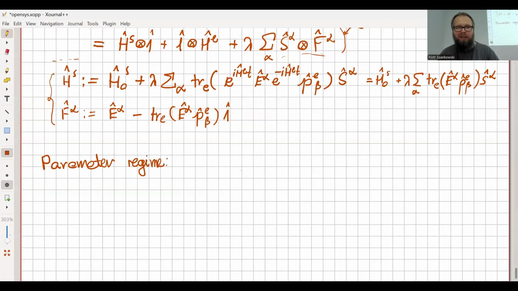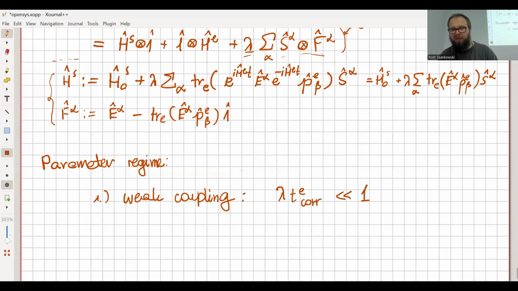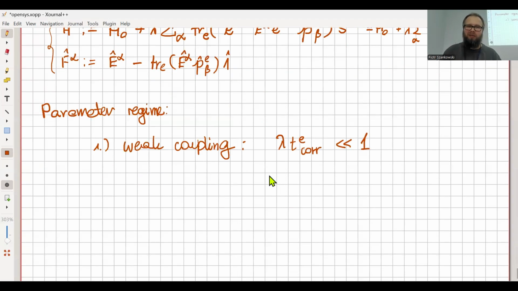First, we assume weak coupling, which means that lambda, the coupling strength, times the correlation time of the environment is much smaller than 1, so this is small, weak coupling. And second, we also will assume a separation of timescales.